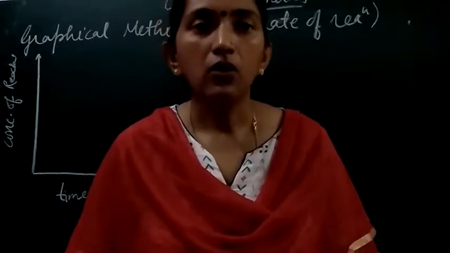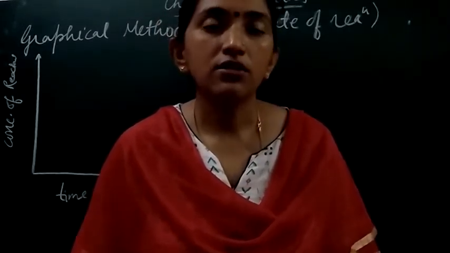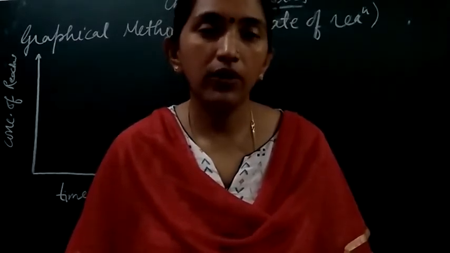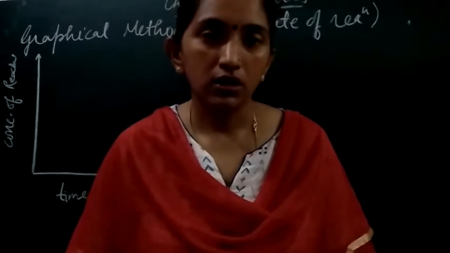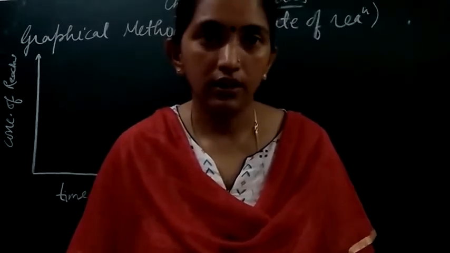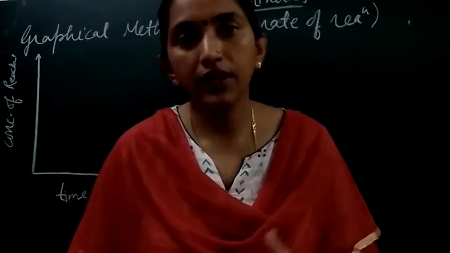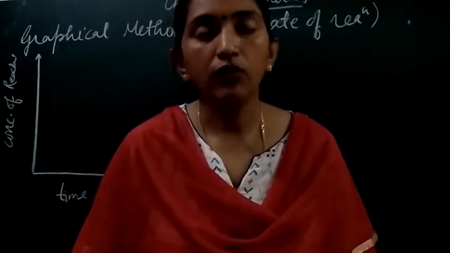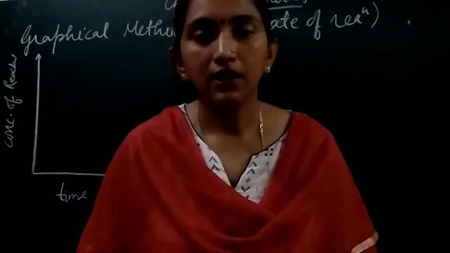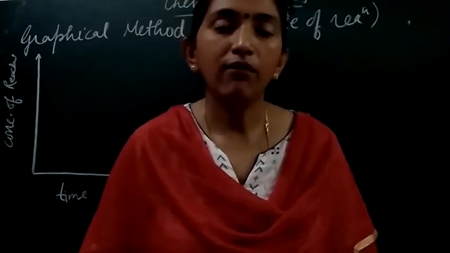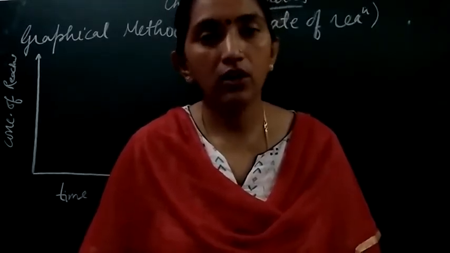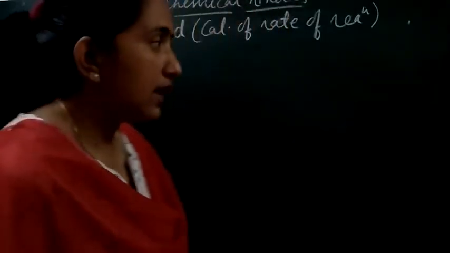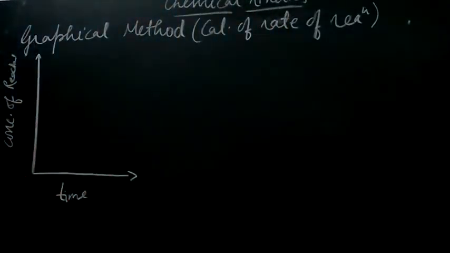Once we know the concentration of the reactant or the product at different intervals, we will plot a graph. With the help of the graph, we will get a certain curve, and with that we can find out the average rate and also the instantaneous rate. Just have a look at the graph here which I have drawn.